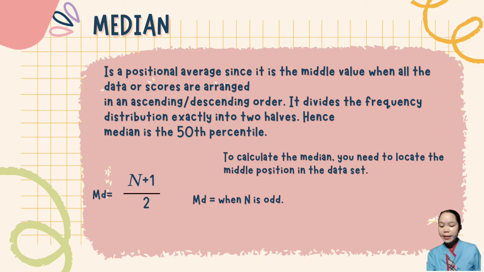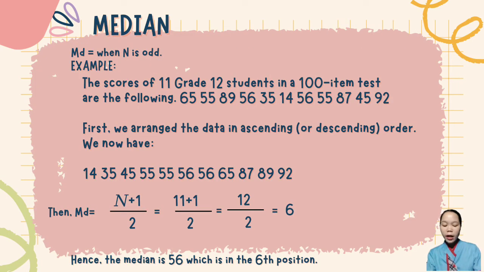I have here an example when n is odd. The scores of 11 grade 12 students in a 100 item test are the following: 65, 55, 89, 56, 35, 14, 56, 55, 87, 45, and 92. First, we arrange the data in ascending or descending order.